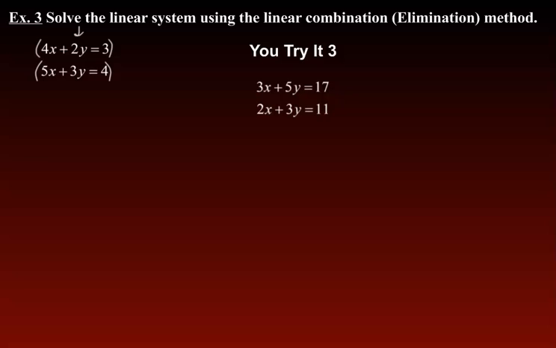So I need 2 times 3, I need 6. I need the smallest number that I can get from 2 and 3. So that means on the first equation, if I have 2, I have to multiply by 3. And on the second equation, since I have 3, I have to multiply by 2. My goal is to get 6 in front of y.